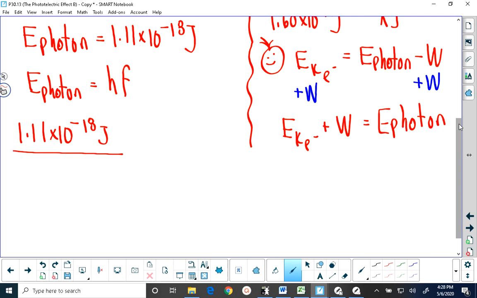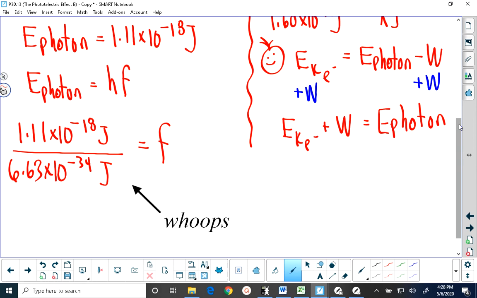Now, since the energy is given in joules, we have to use the 6.63 times 10 to the negative 34. If you had done all of your work in electron volts and you had a number for the photon energy in electron volts, then you would be dividing by the other version of Planck's constant, the 4.14 multiplied by 10 to the negative 15. So what do we get for the frequency?